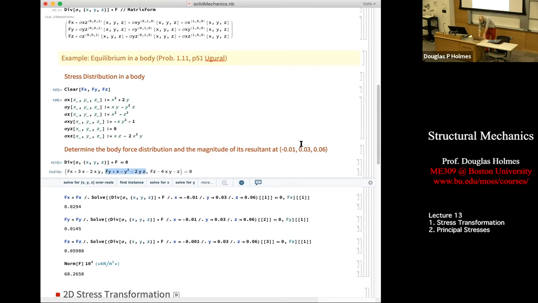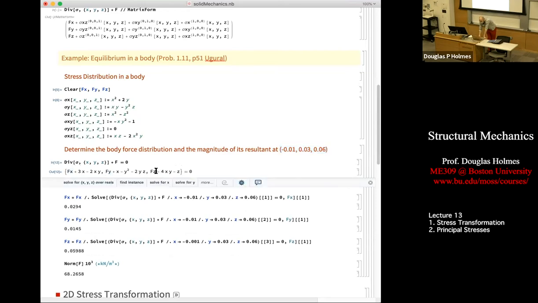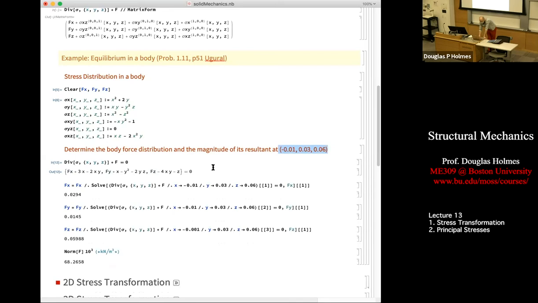I asked to determine the body force at a particular point. So this is at a point x is equal to negative 0.01, y is equal to 0.03, z is equal to 0.06. And so we can solve for fx, fy, and fz at this point by just inserting these values in.